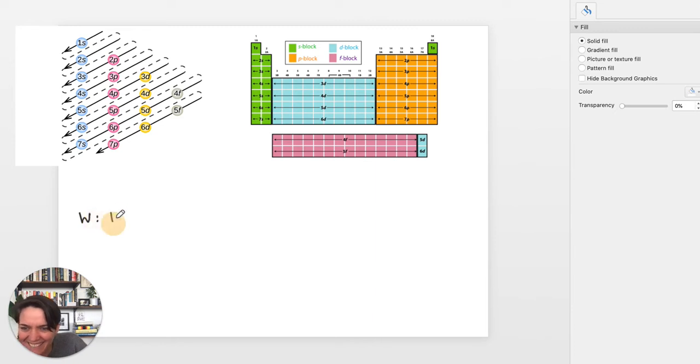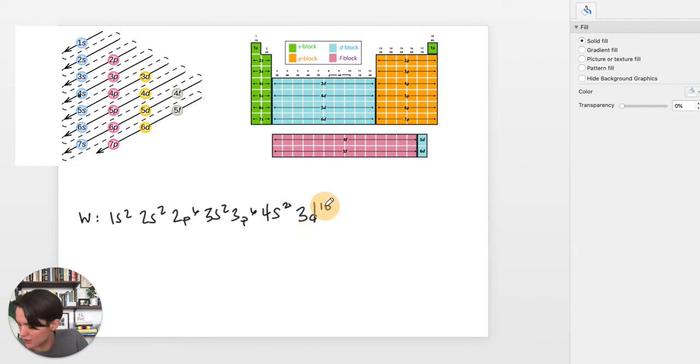Okay, W. 1s2, 2s2, 2p6, 3s2, 3p6, 4s2, right? 4s2, 3d. Remember, d can hold up to 10. If you don't remember that, you can just count across. 1, 2, 3, 4, 5, 6, 7, 8, 9, 10. Cool. So 3d10 is full, and now I'm back in the p orbitals, which are one step up in my energy level, 4p6.